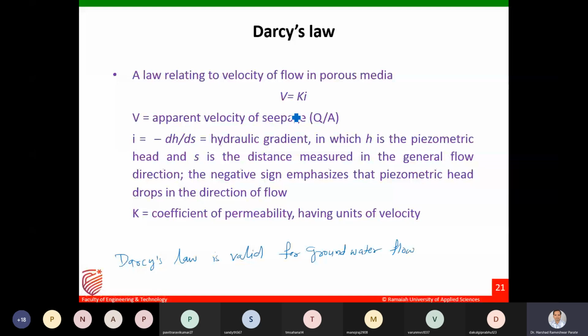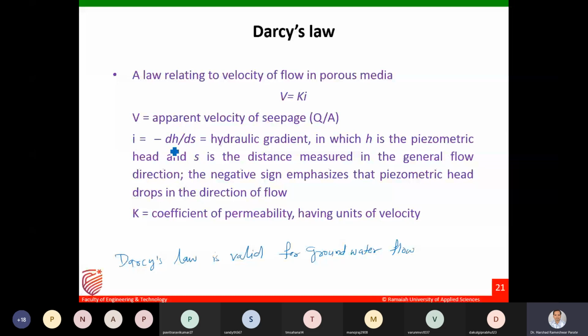What Darcy's law basically says is V is equal to K into I. Here K is the permeability or hydraulic conductivity of the particular soil, and I is what we call the hydraulic gradient. That means, in terms, we say minus dH by ds, that is the drop in the groundwater table with respect to the distance. Since the water table is dropping, we represent this with a negative sign.